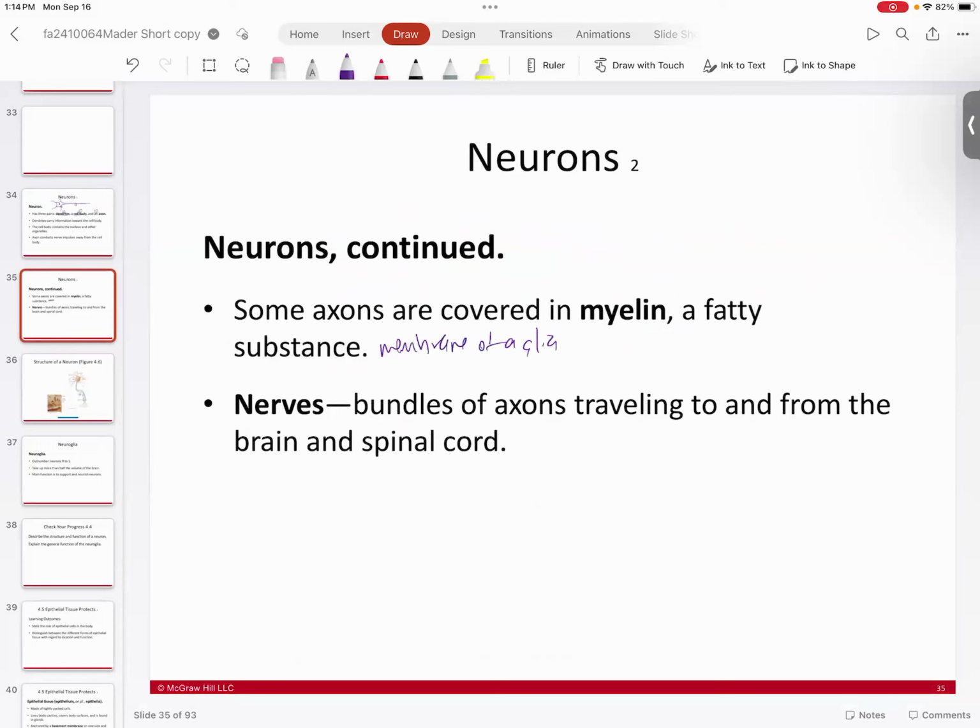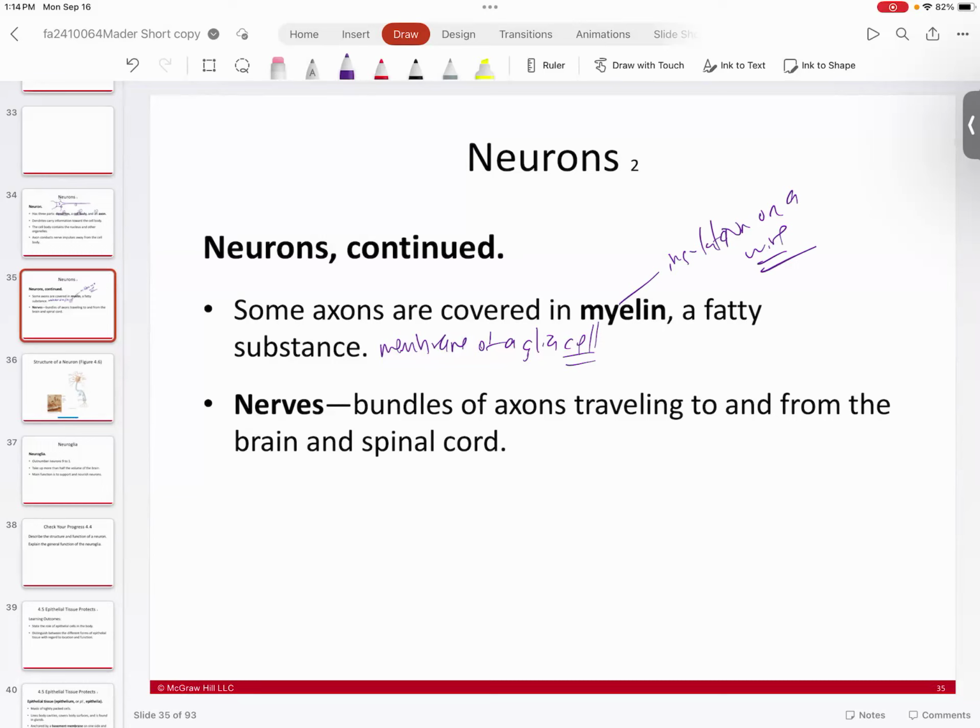And it's actually the membrane of a glial cell, or we just talked about neuroglia. So these neuroglia are basically support cells that are supporting the functions of the neuron. And the myelin basically acts a lot like insulation on a wire. So it allows you to have focused transmission of your electrical signal so that it's moving forward.